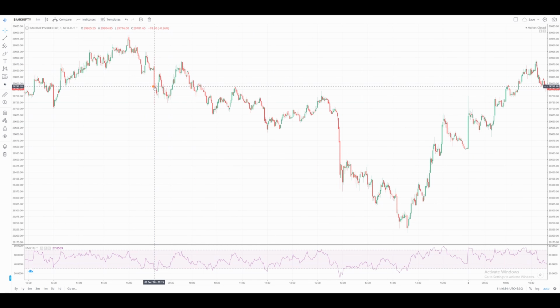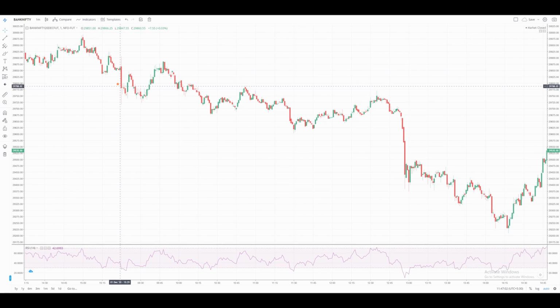You have seen here the RSI is 27 or 28, which is close to the 30 region, and then based on the price action there is a long wick here. That means strong buying pressure is coming in, and then an indecisive candle here, then the price picks up.